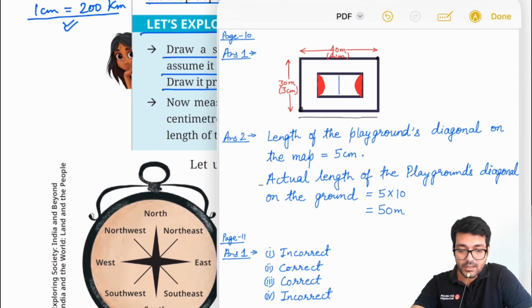The length of the rectangle is 4 centimeter and width is 3 centimeters. Since the scale is 1 centimeter is equal to 10 meter, that means the length is 40 meters on the ground and width is 30 meters.